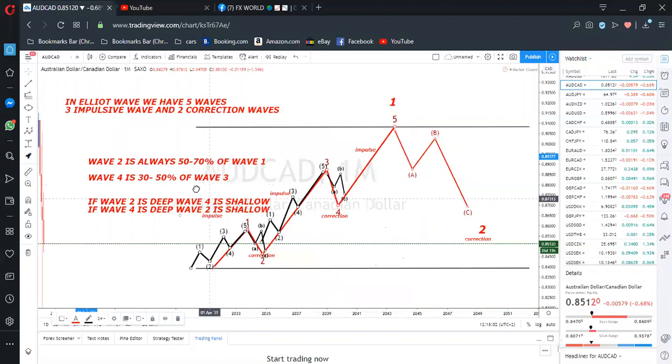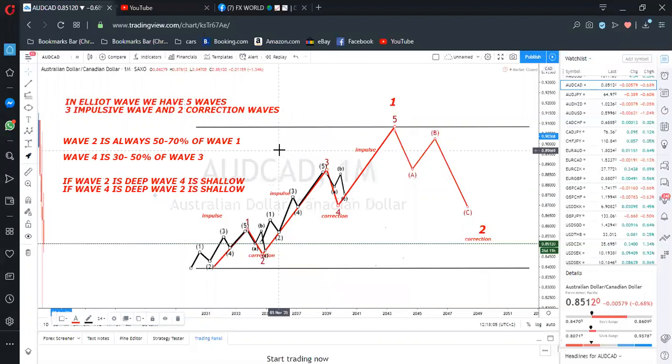Yeah, then we have this principle. This is for the correction waves, so that you can be able to measure and know where price is likely to return, what zones you can mark as maybe your demand zone or your supply zone.